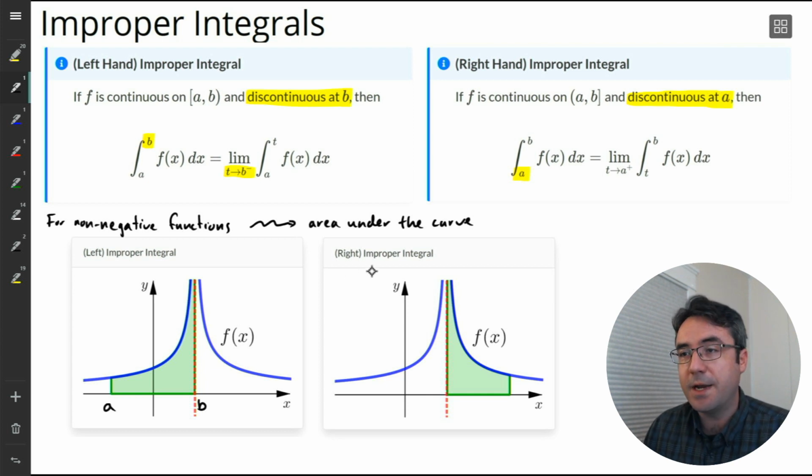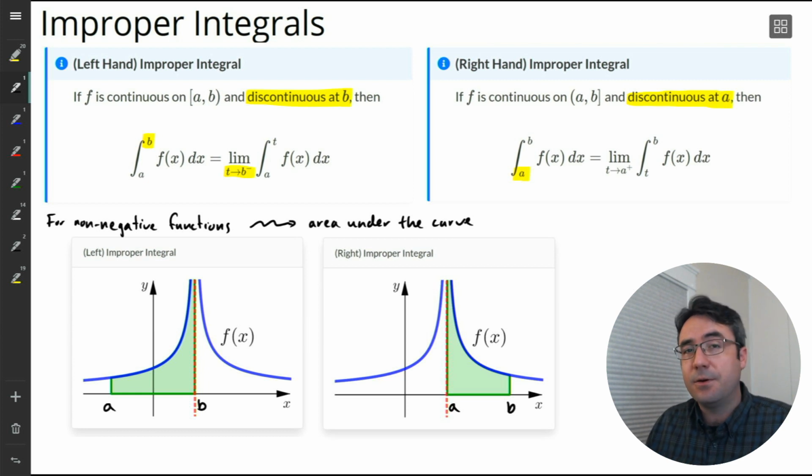Same thing for right improper integrals. Here we might be integrating from a to b, but now we have a discontinuity, and really the cases we're going to look at are where we have a vertical asymptote or an infinite discontinuity at x equals a. And we might be interested, what is the area of this shaded region? Well, this region extends infinitely far up, so it's unbounded.